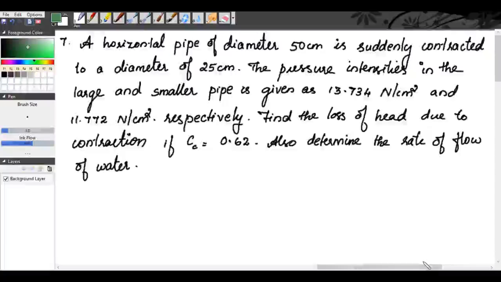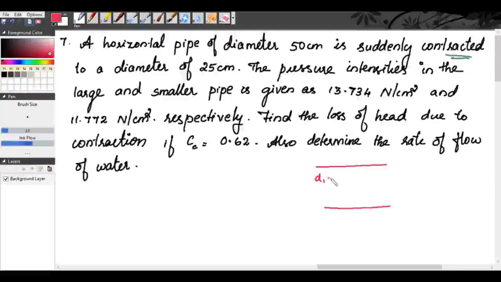So the next problem is a horizontal pipe of diameter 50 centimeter which is suddenly contracted to a diameter of 25 centimeter. So we have a 50 centimeter pipe.